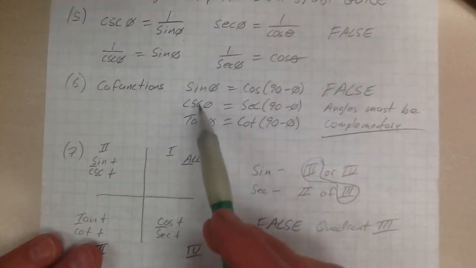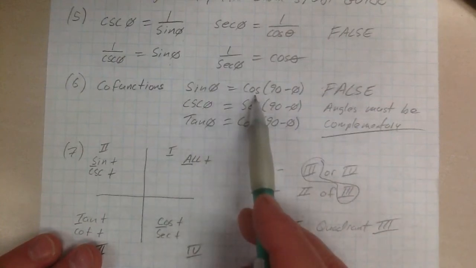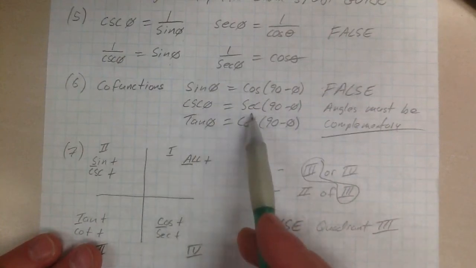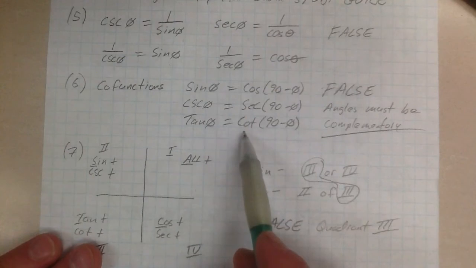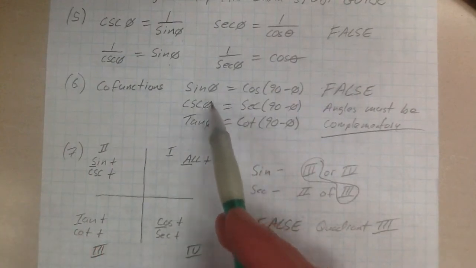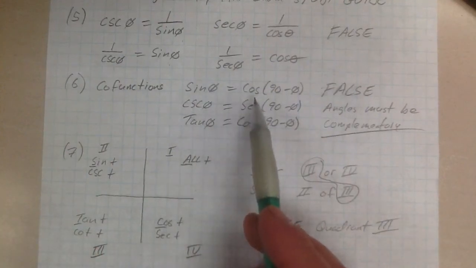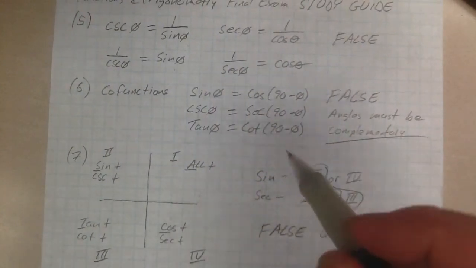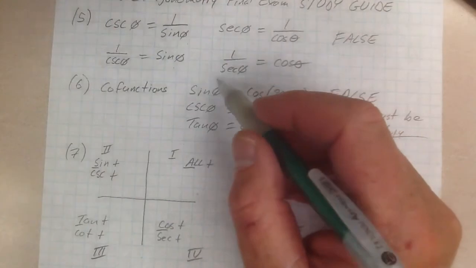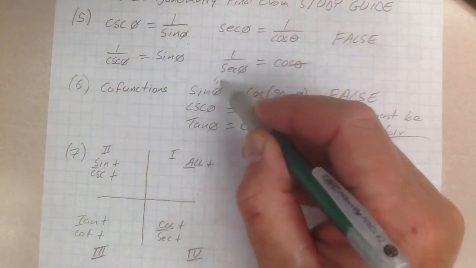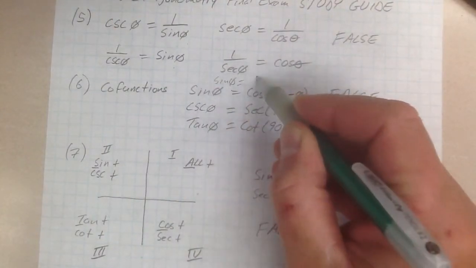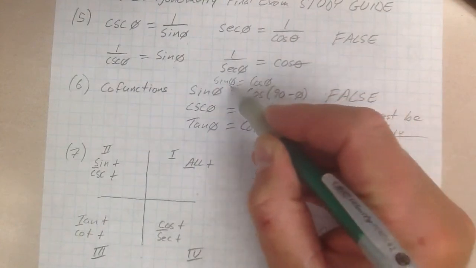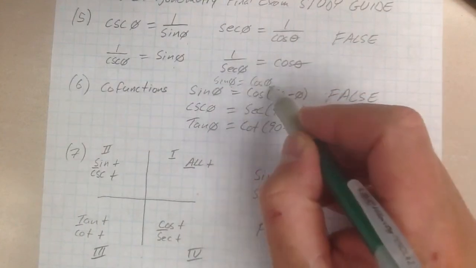What are my cofunctions? Sine, cosine, cosecant, secant, tangent, cotangent. So you would say, okay, sine theta, cosine theta, those are cofunctions. Why is it false? Because it says sine theta equal cosine theta, meaning these two angles are equal.